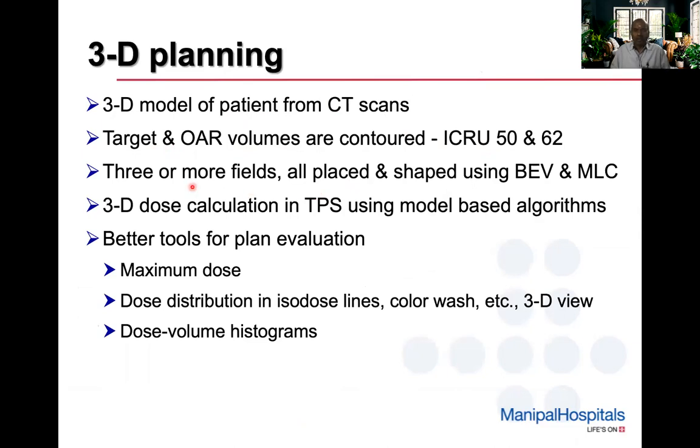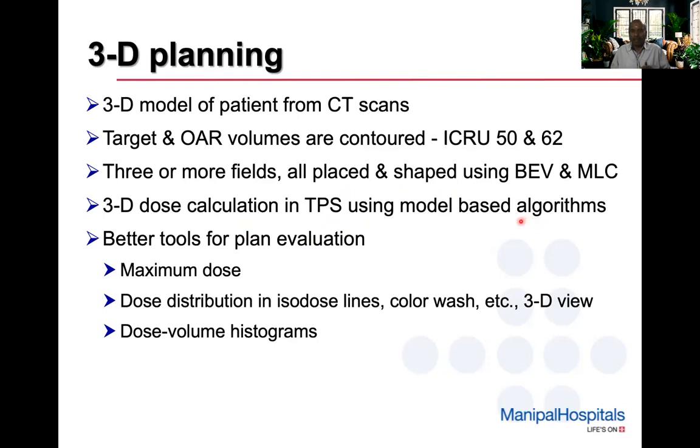We use often 3 or more number of fields, and all fields are placed according to the beam's eye view, and they are all shaped using MLC, extensively shaped using the multi-leaf collimators. The 3D dose is calculated in the planning system using model-based algorithms.